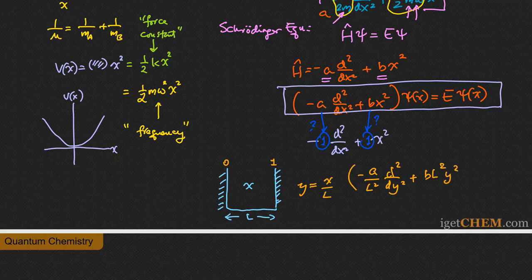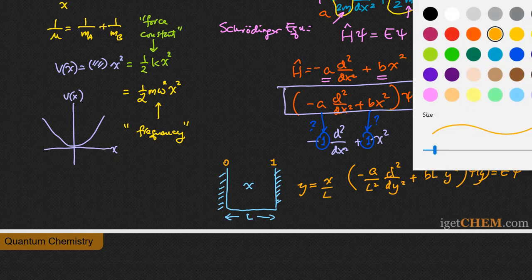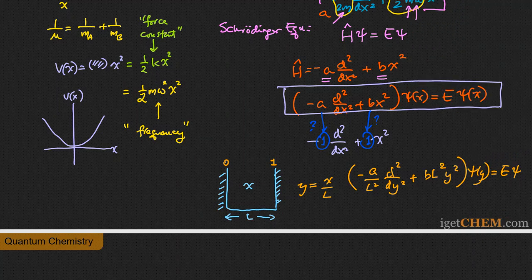And then that now operated on psi of y should give me back E times psi of y. So the question is, is there a particular value of L that you can choose to make both of those coefficients come out to be 1? So obviously what you could do is to, let's say, make that equal to 1.